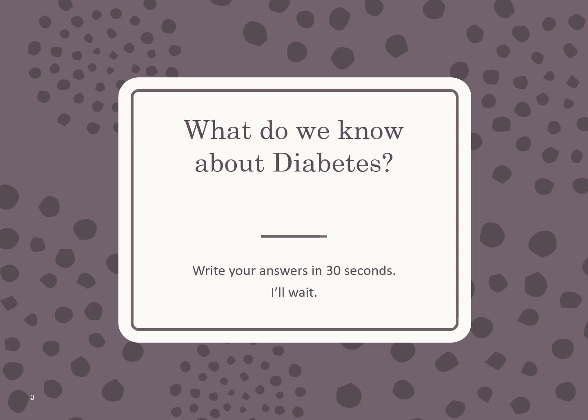Did you put down polyphagia or polyuria? Maybe polydipsia? How about prolonged wound healing or amputations? You guys get 5 points for that one. Great job, everybody. I know those are not exam points. Those are just attaboys.